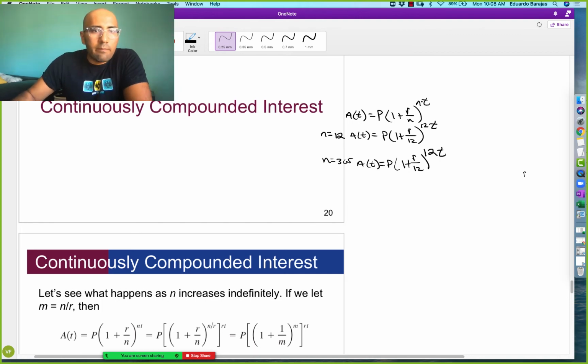Right, so this one is compounded monthly. This one's daily.